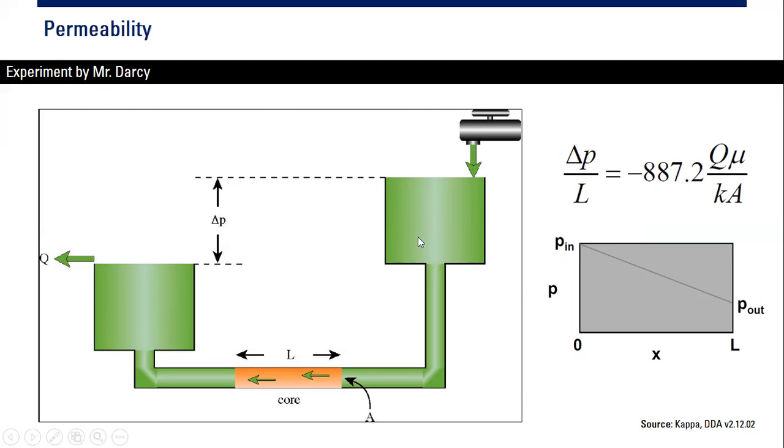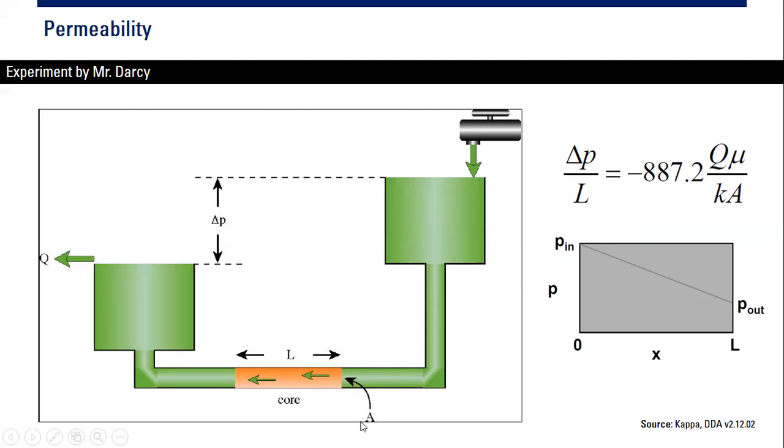And he made this pipe to be like this with a distance between the surface on the right tank and the left tank. There is a distance, and we can convert the distance to delta pressure, okay, because they are connected.